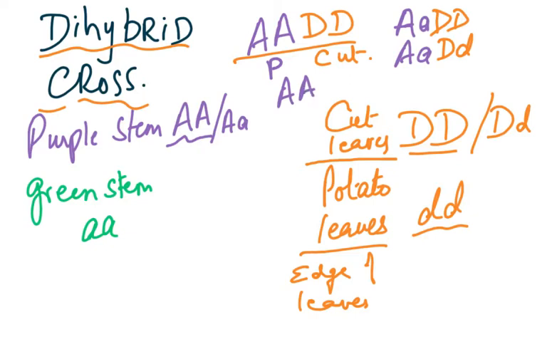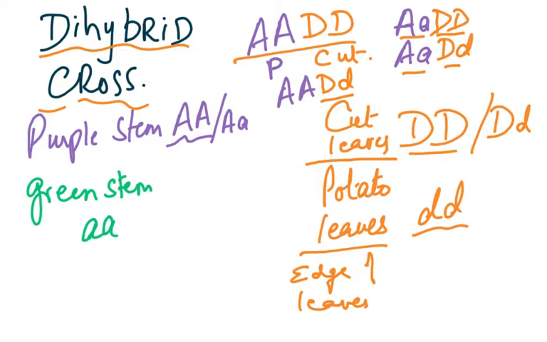So there are four possibilities: big A, big D, big D; big A, big D, small d; and then big A, small a. This is heterozygous, this is heterozygous, and this is homozygous dominant. So four possibilities of having a purple stem and cut leaves.